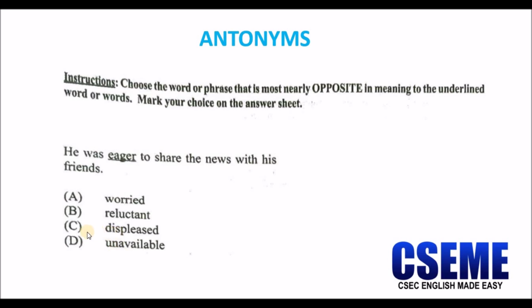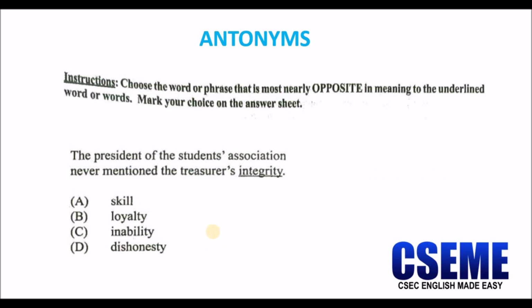But we're eliminating C and D. So if we're left with A and B, A is not appropriate. I should have eliminated A, but just for the exercise, the answer is, without a shadow of a doubt, B, reluctant to.